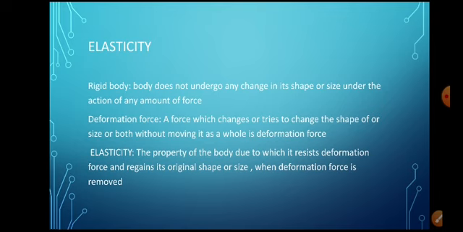Friends, suppose one friend comes and applies some force, pushing, sitting on your shoulder. Then unconsciously you oppose the force which is applied by your friend, right?